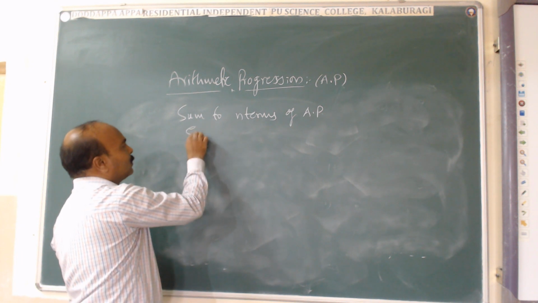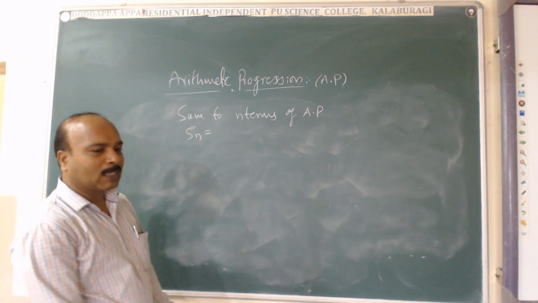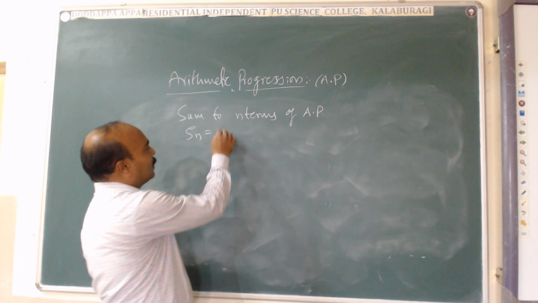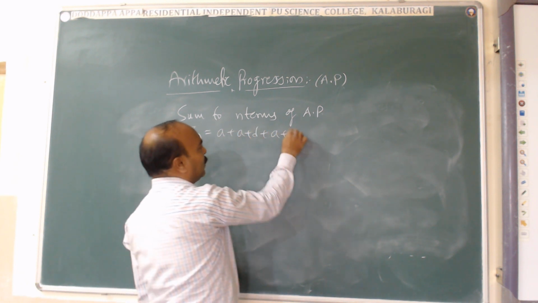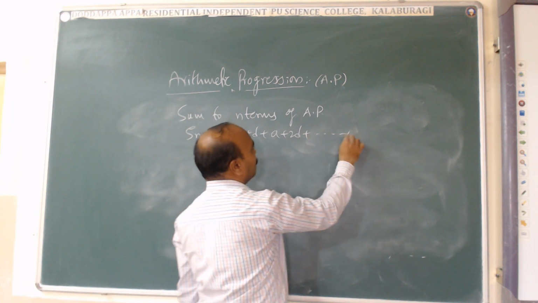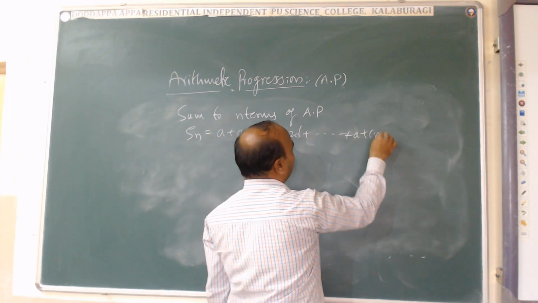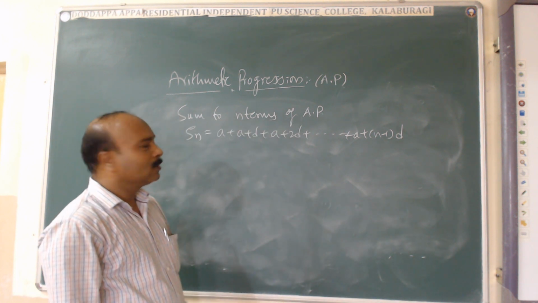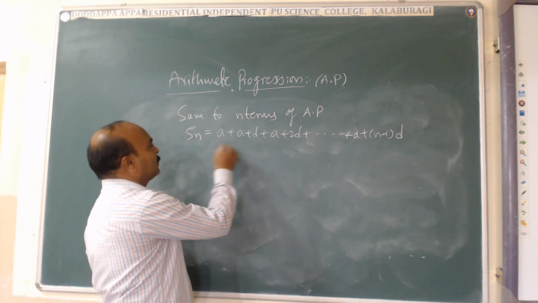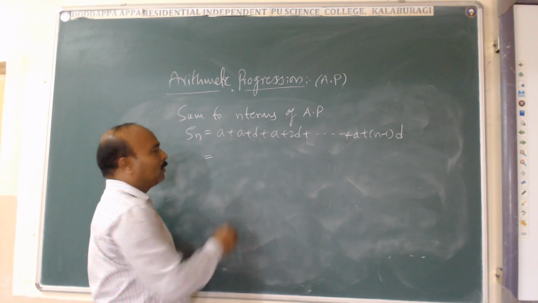Sn stands for sum to n terms of arithmetic progression. It is nothing but a plus a plus d plus a plus 2d plus and so on. The last term is a plus n minus 1 into d. Now it is adding all the terms of this sequence, then we get the answer.